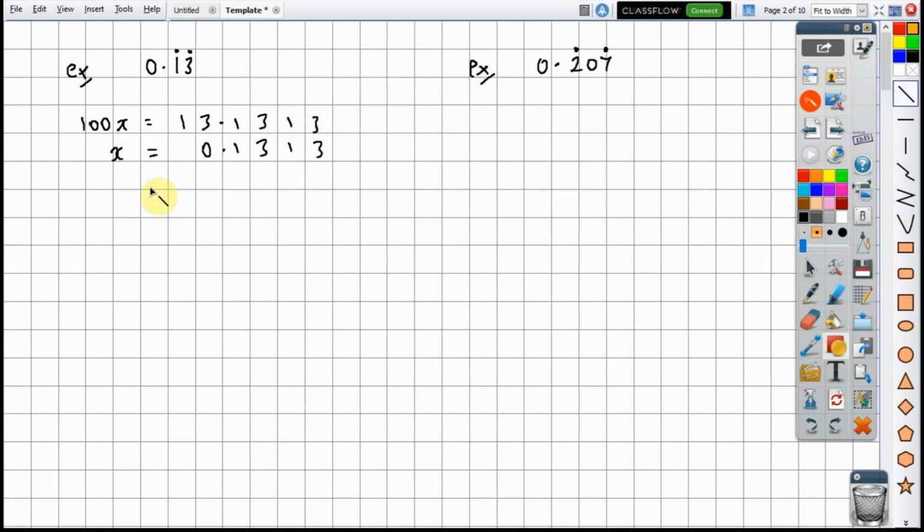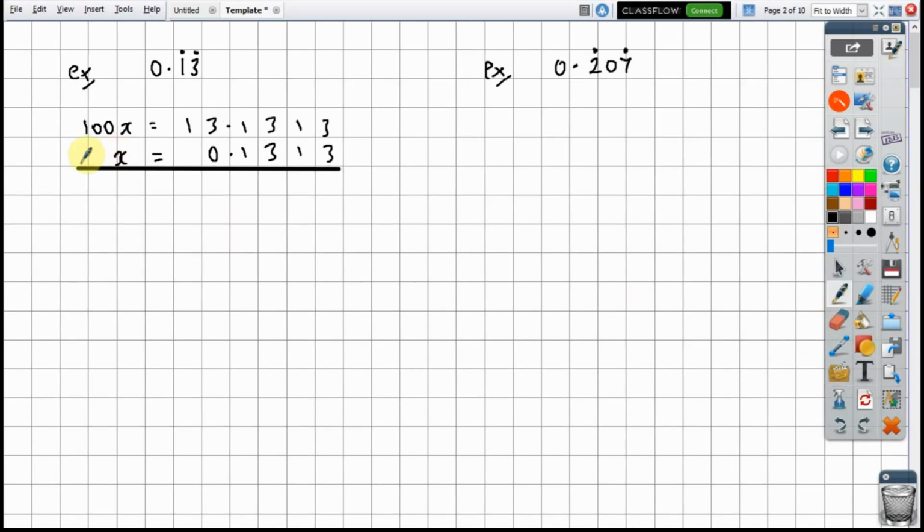If we now subtract, we've got 99x equals 13. And if we divide both sides by 99, we've got x equals 13 over 99, which doesn't cancel. Hopefully you got that. Now try this next one.